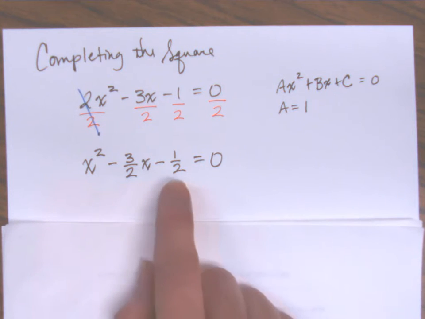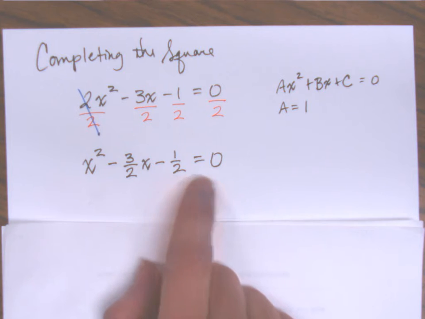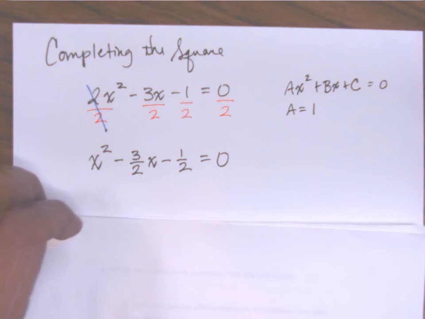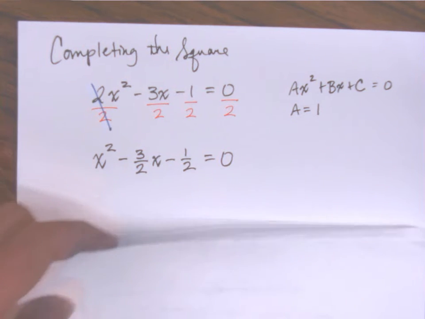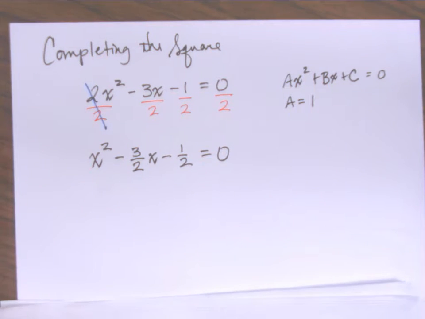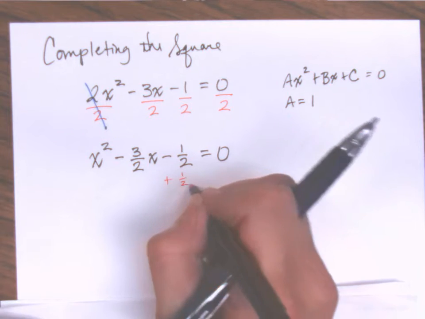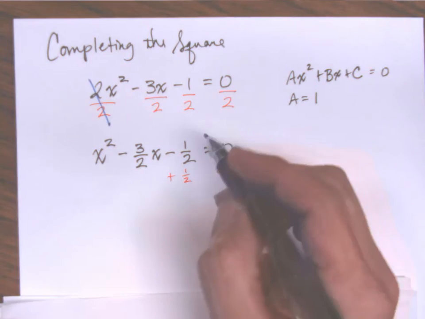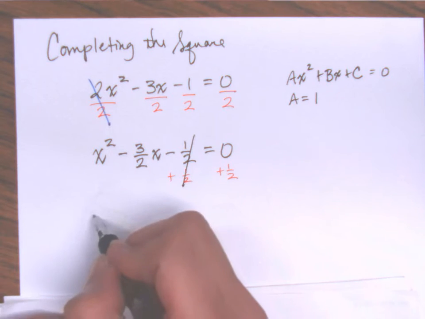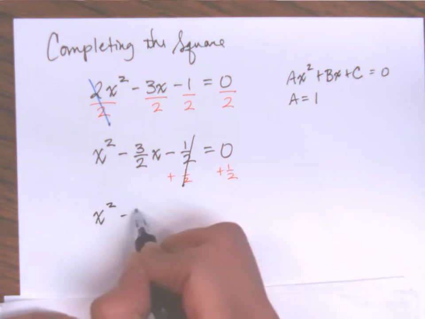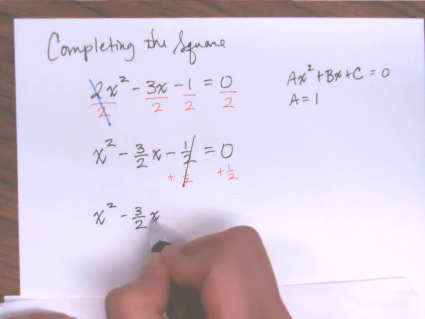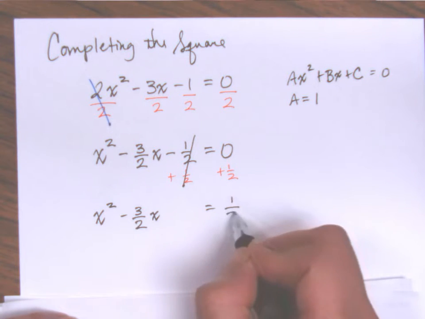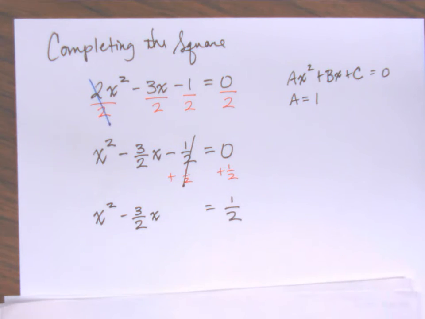So I'm going to take my c, my negative 1 half, and I'm going to add it to both sides of the equation to just move it to the other side of the equal sign. So plus 1 half plus 1 half. Now this will add up to 0, so I am looking at x squared minus 3 halves x equals positive 1 half. Okay?